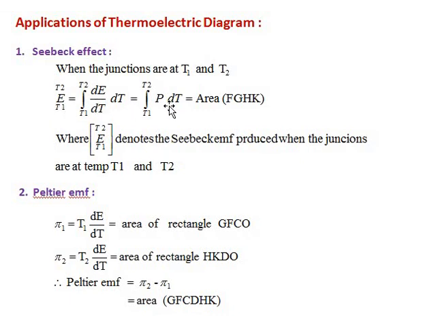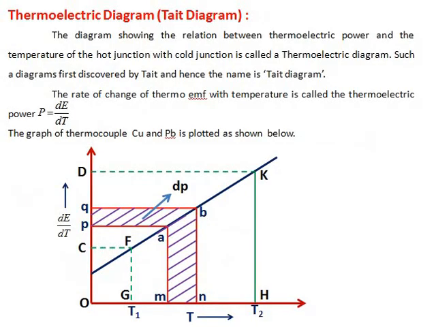So this is equal to integration of T1 to T2, dE by dt means P, that is thermoelectric power, into dt. Okay, so this is equal to area FGHK from the graph. Let us see.